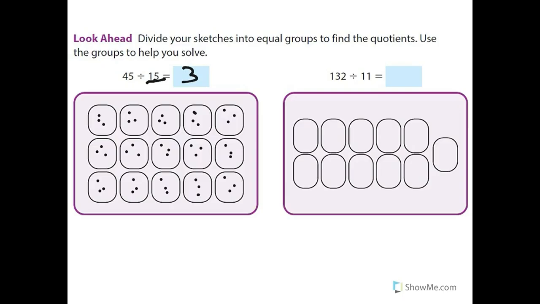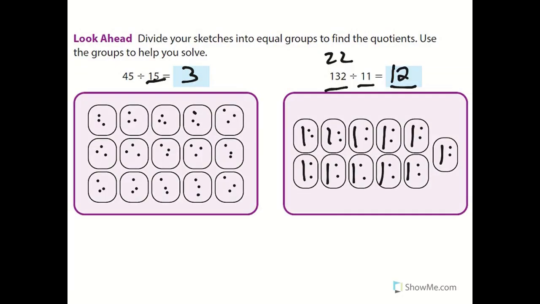So on this next one, I'm going to start by using 10s. So I'm going to say 10, 20, 30, 40, 50, 60, 70, 80, 90, 100, 110. So 110 from 132, I'm going to have 22 left. Well, I'm going to put 2 in each one, see what happens. 2, 4, 6, 8, 10, 12, 14, 16, 18, 20, 22.